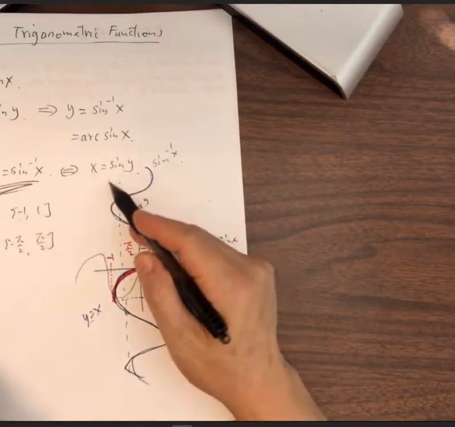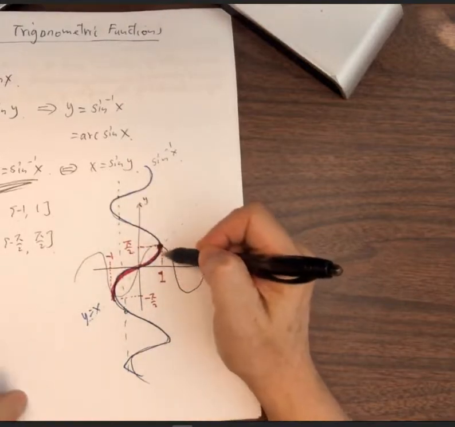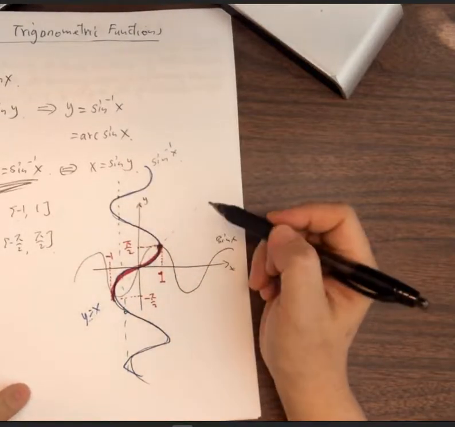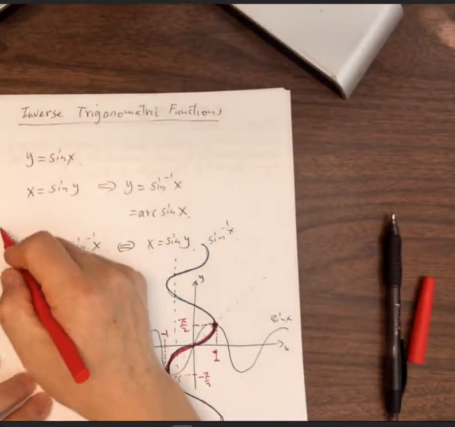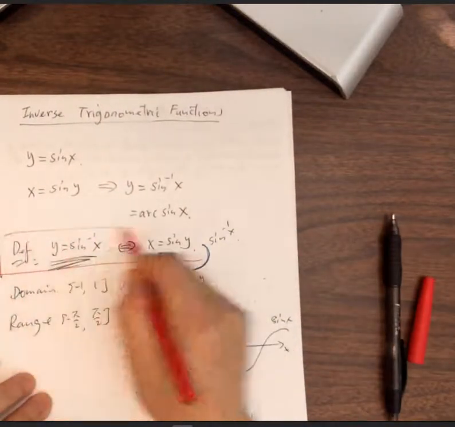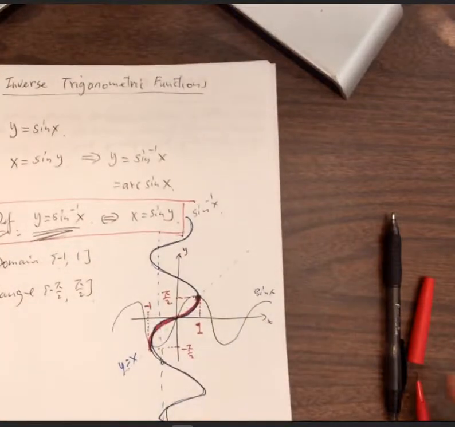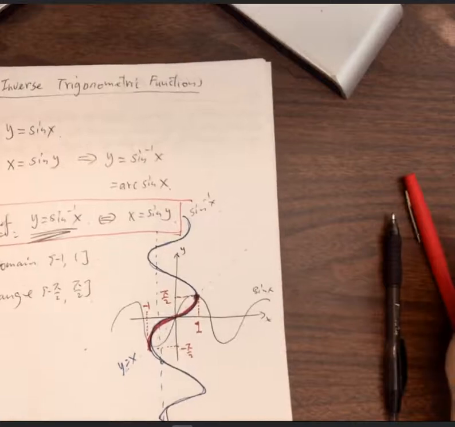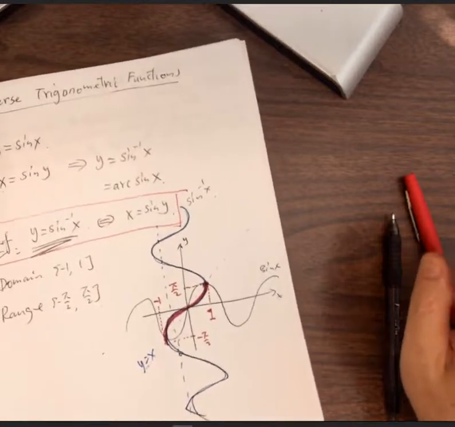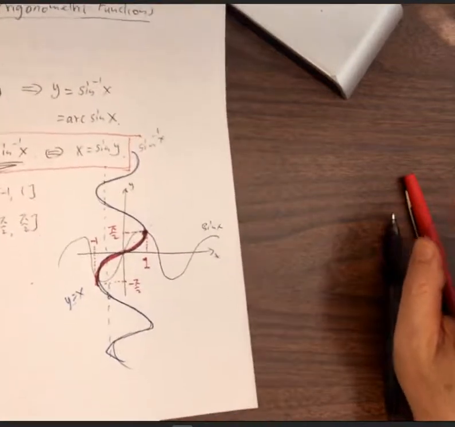So it makes sense algebraically and graphically too. So this is how we define the inverse of sine. Now similarly, we can define inverse cosine, inverse tangent, inverse cotangent, inverse secant, inverse cosecant.